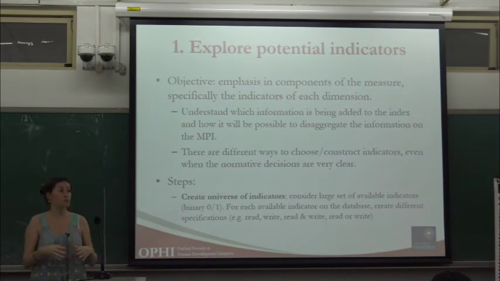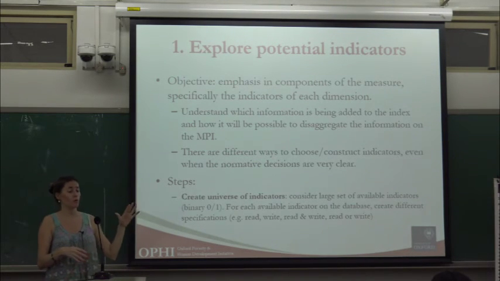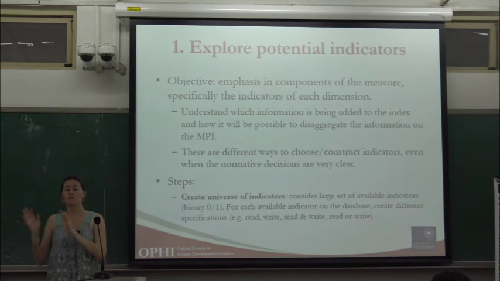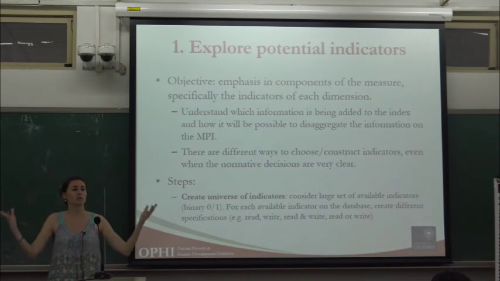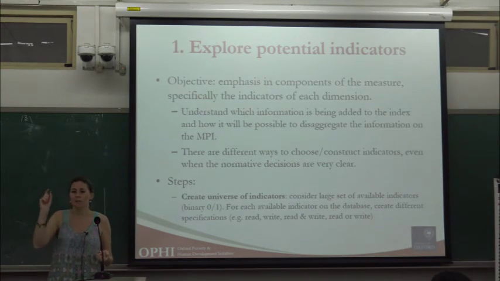So that's the first thing, to create this universe of indicators that it's going to be like what we were discussing before, like you did in your matrix in the paper-based exercise, that it's a binary indicator, 0 for undeprived and 1 for deprived. And you do that with all the possible combinations and all the possible thresholds and all the possible units, and you create this Excel file with all of that information and with the preliminary incidence of deprivation for each of them.